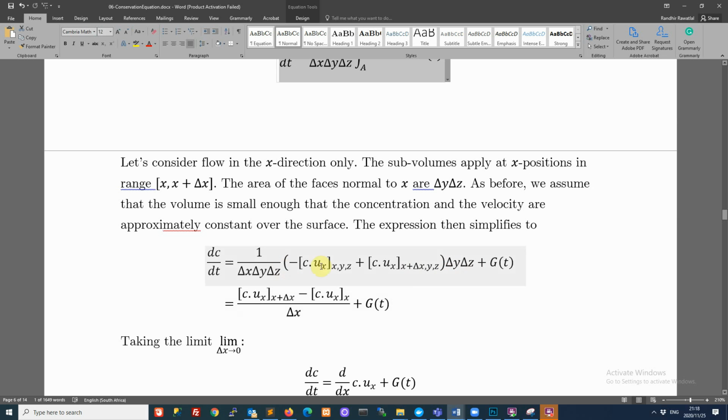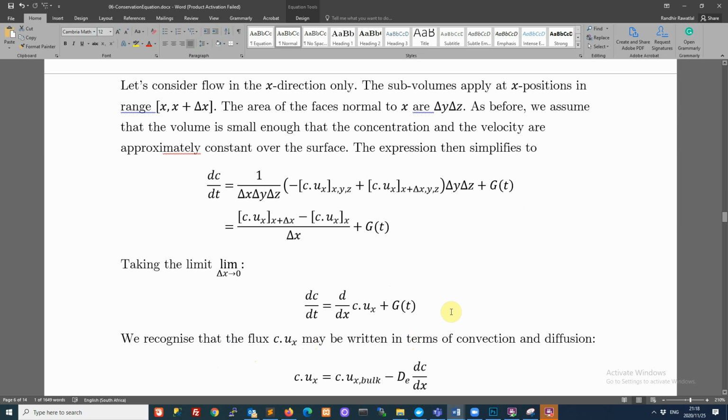And if you look at this, your delta y, delta z can cancel with delta y, delta z here, leaving you with 1 over delta x, and here it's a function at x plus delta x, and the same function at x only. So you can easily see the derivative emerging when you let the limit delta x go to 0. So clearly we are going to get dc dt equals d dx of this thing, right?